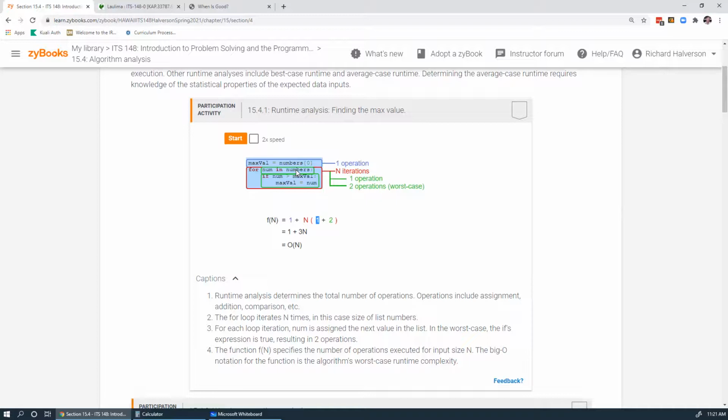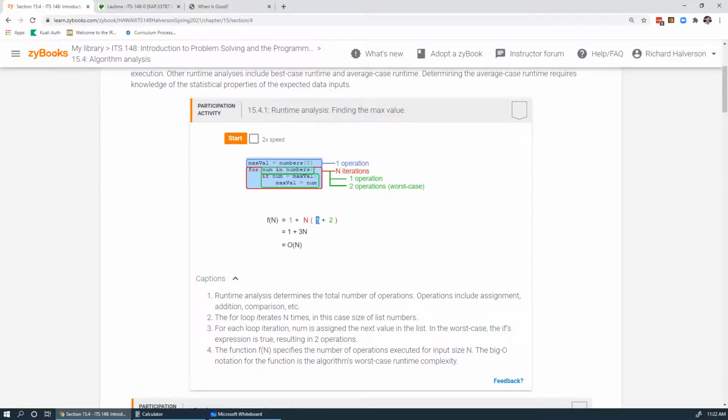You're incrementing an index, and you're testing to see if the index is past the end of the list. If it's not, then you get a number and store that into this num variable. So the actual execution of the for part can be thought of as more than one operation, but in this example, we just think of it as one.